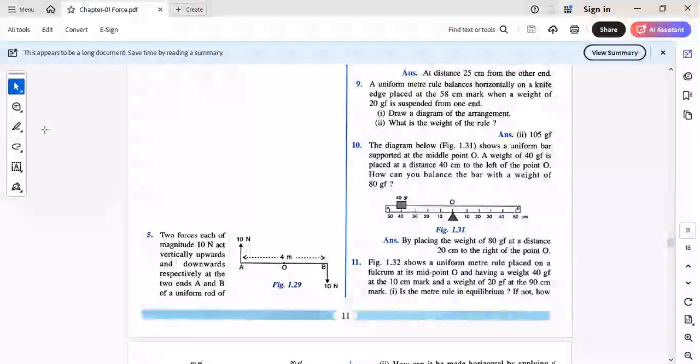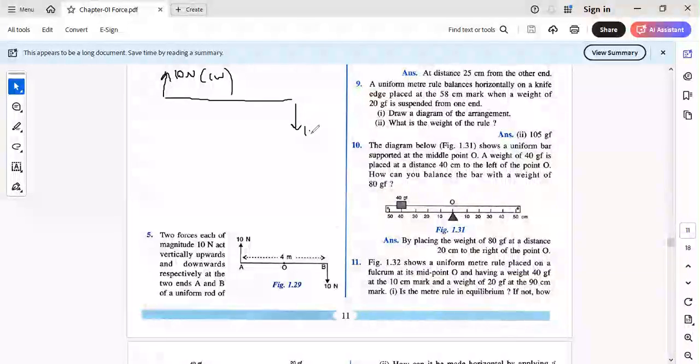It says two forces each of magnitude 10 Newton. So we can see here we have a setup where it says two forces. So this is basically like this. I'm drawing it again because the other part of the question is on the other end. So there is 10 Newton, which we can see is clockwise, and there is 10 Newton that also is clockwise.